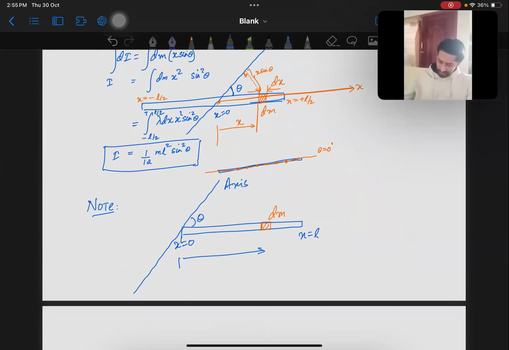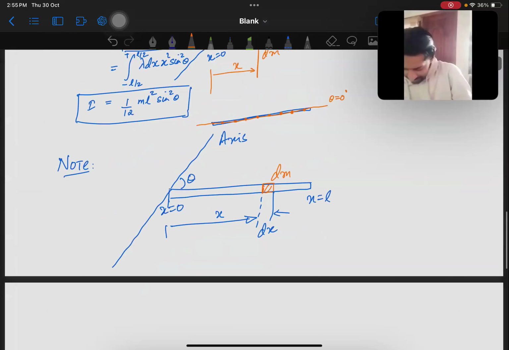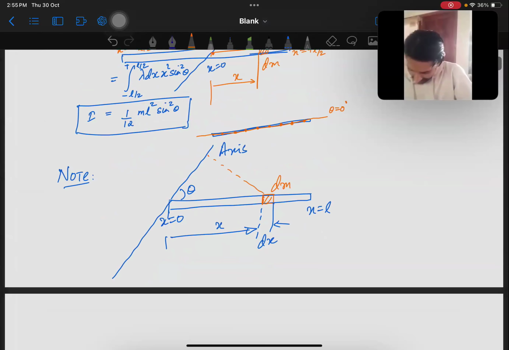So this distance over here is how much? This is x, and this is nothing but dx. I lost my train of thought. So you take the distance over here. Yeah, this is the distance, right? And therefore you get x sine of theta. And what is your dI?